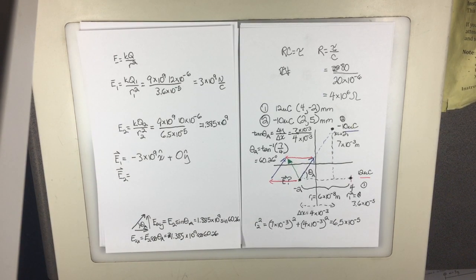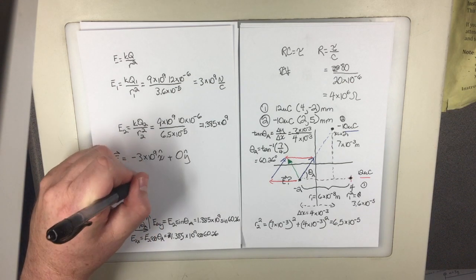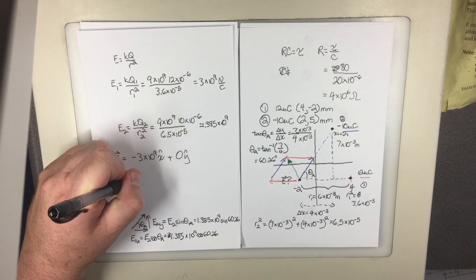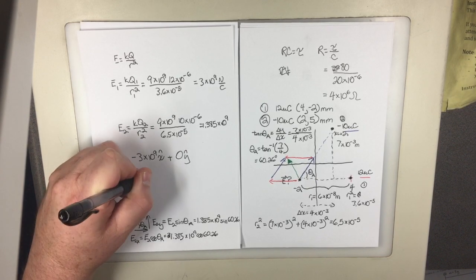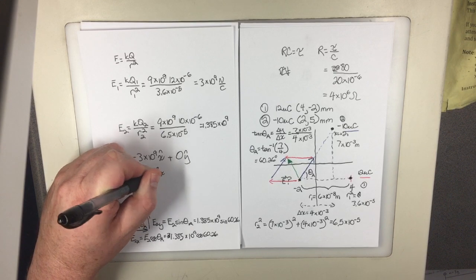Now these are both positive. It's a first quadrant angle. Even though the point is in the third quadrant, that's a physical location. It's not the direction of the vector. The vector direction is up and to the right. So 1.385 times 10 to the 9th times sine of 60.26 gives me positive 1.21 times 10 to the 9th x hat.